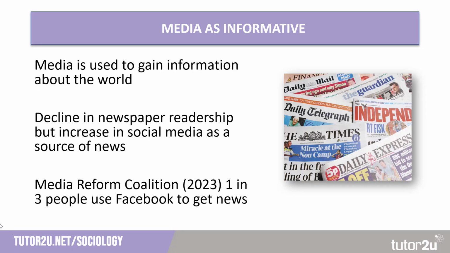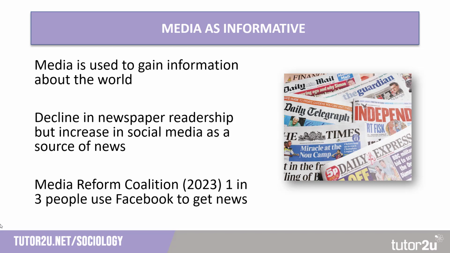A second use of media is to remain informed about what is going on in the world. For many generations, this was achieved through reading a daily newspaper or tuning into the evening news as a method of knowing what was going on. With digitalization, there has been a decline in newspaper circulation as individuals instead turn to online media sources to obtain information.